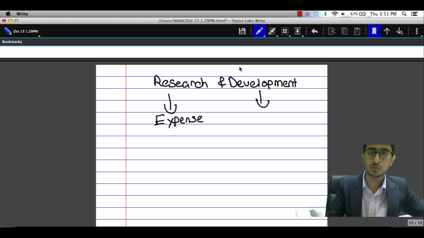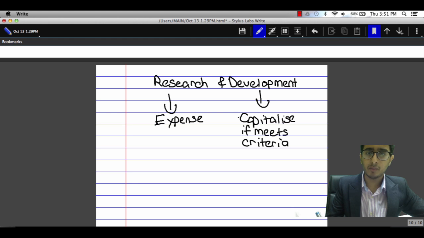And development costs, we are going to capitalize if it meets the standards of IAS 38. Now you might be wondering, what actually is the difference between development and production? Development means when we are first usually designing a prototype or we're testing a prototype, while production means we're now producing on a big scale.